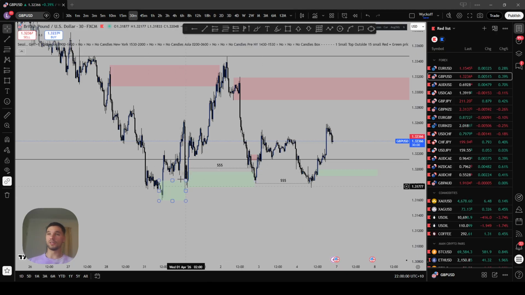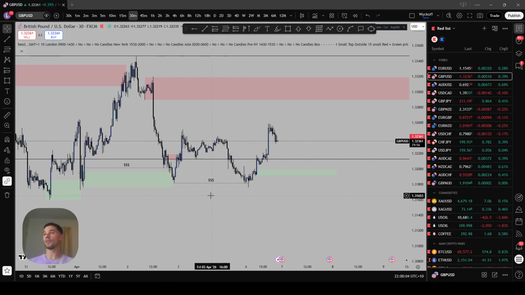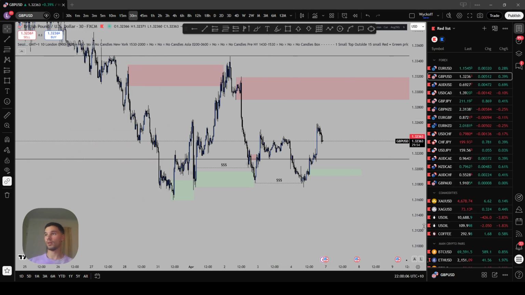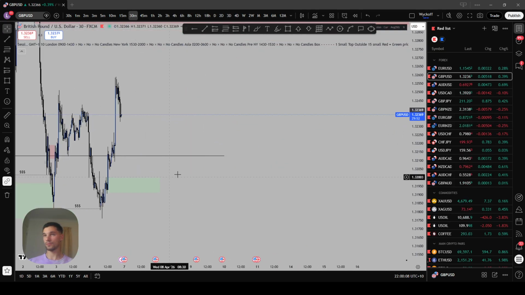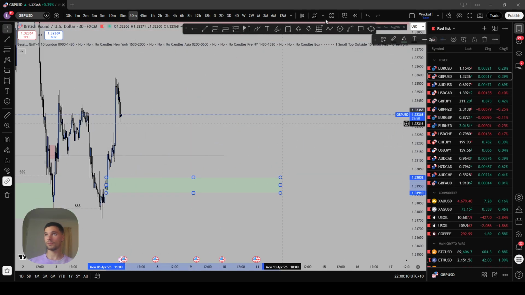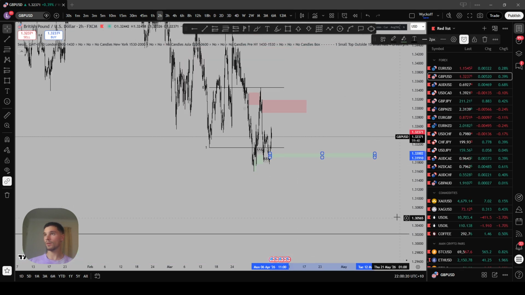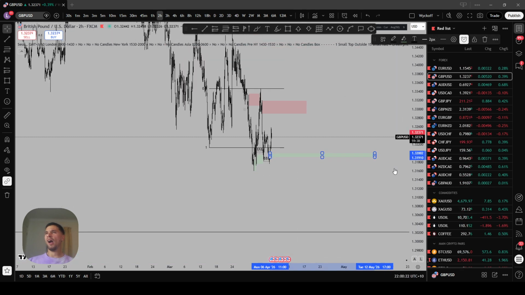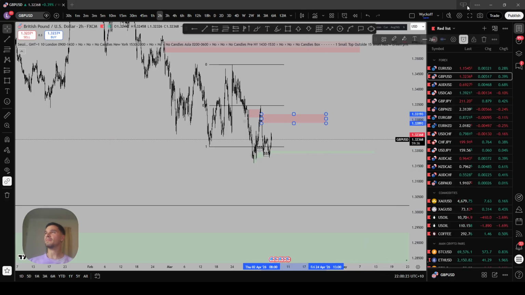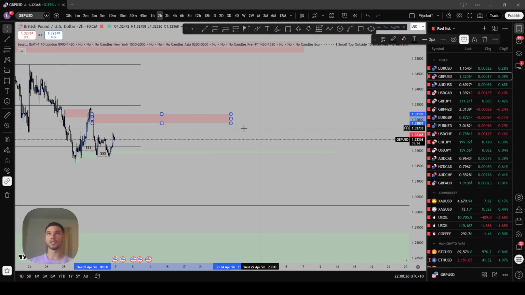But because the purpose of this pullback was to mitigate demand, it is not considered liquidity. All right, that's it for GBP USD.